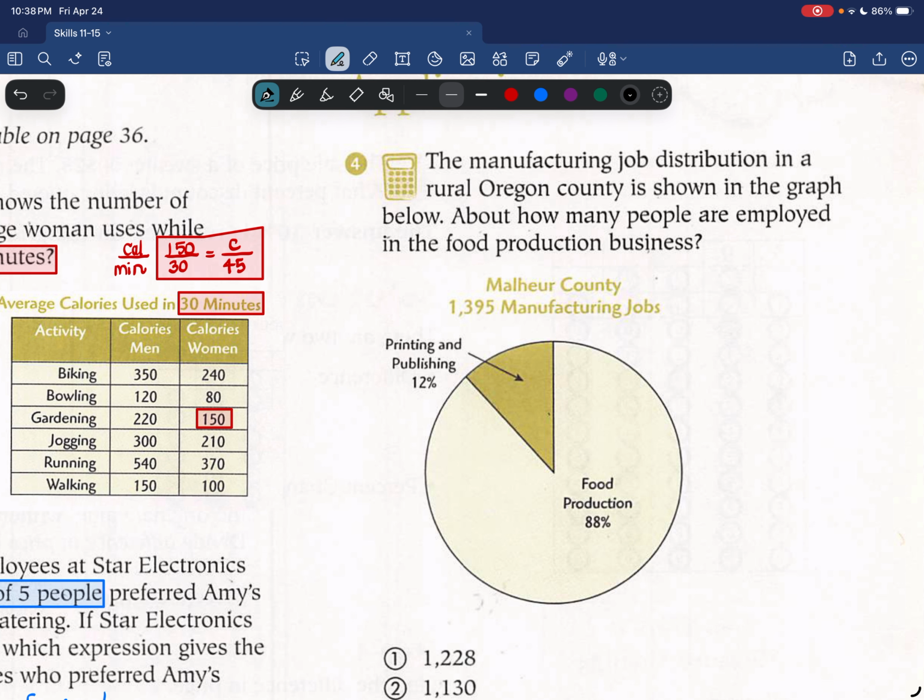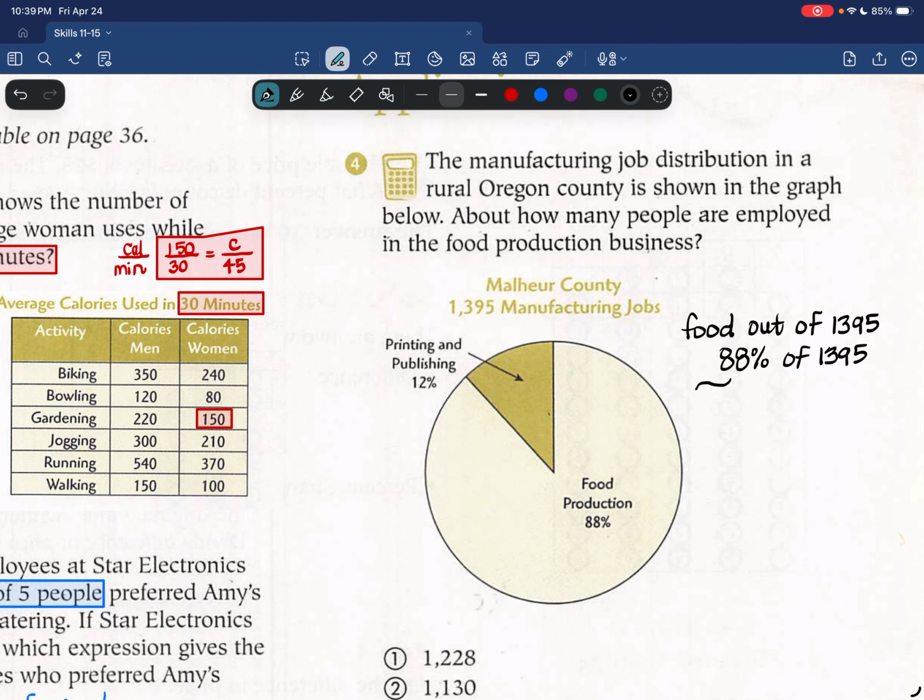So for Malheur County, 1,395 manufacturing jobs, 12% are printing and publishing jobs, 88% are food production jobs. So we are looking at food production. Out of 1,395. So we are saying 88% of 1,395.